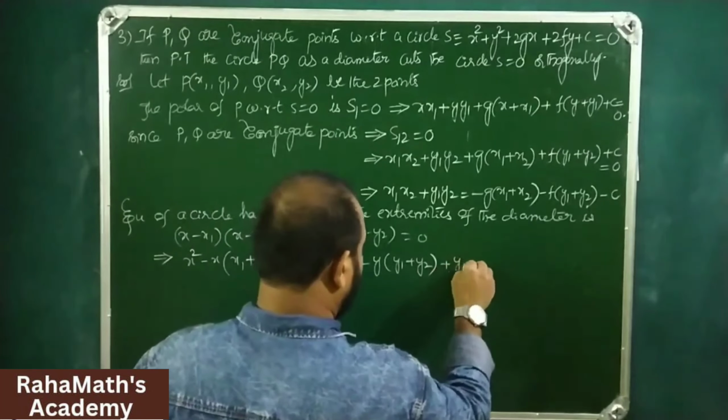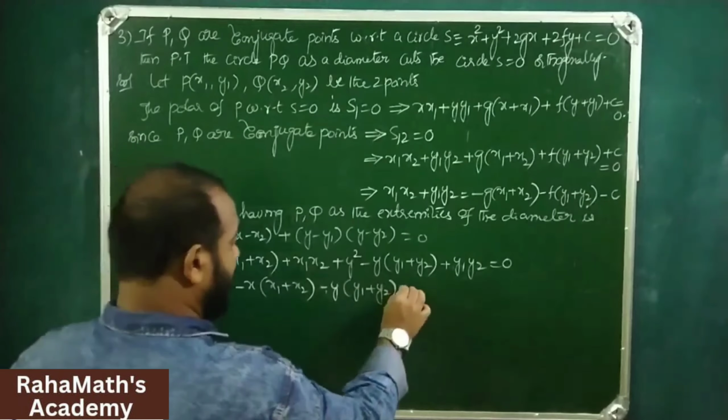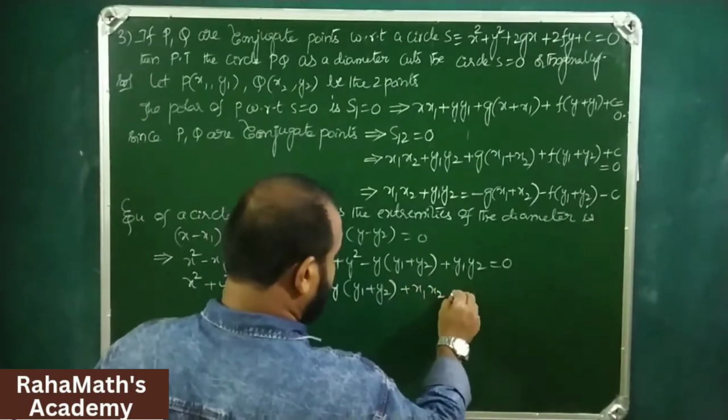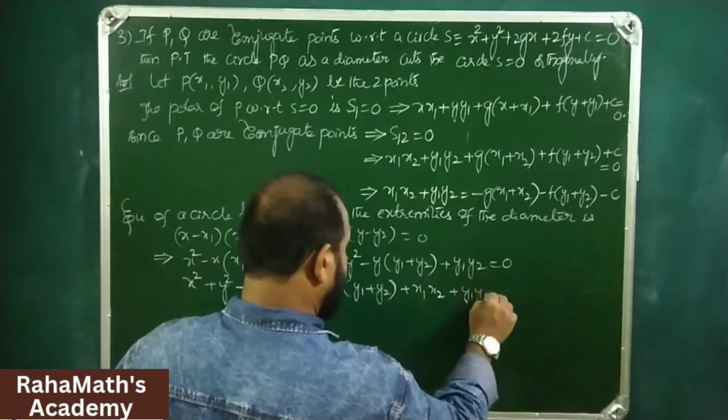If I write this in standard form, it is x squared plus y squared minus x into (x1 plus x2) minus y into (y1 plus y2) plus x1 x2 plus y1 y2 equals 0. This is of the form x squared plus y squared plus 2gx plus 2fy plus c equals 0. Let us suppose this to be S dash. So the equation of the given circle is S.